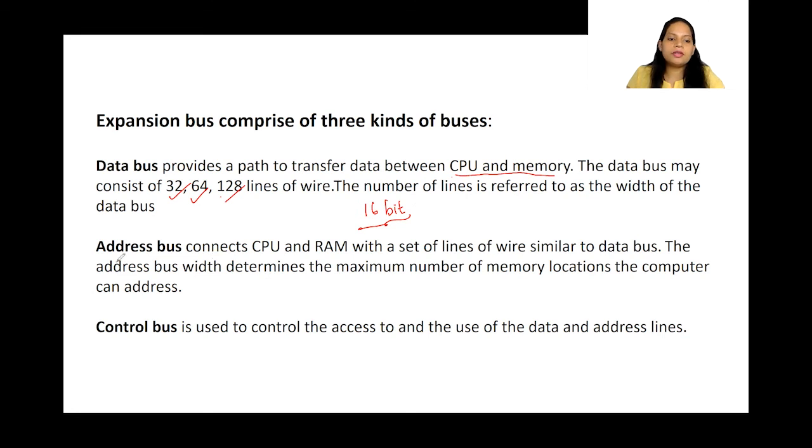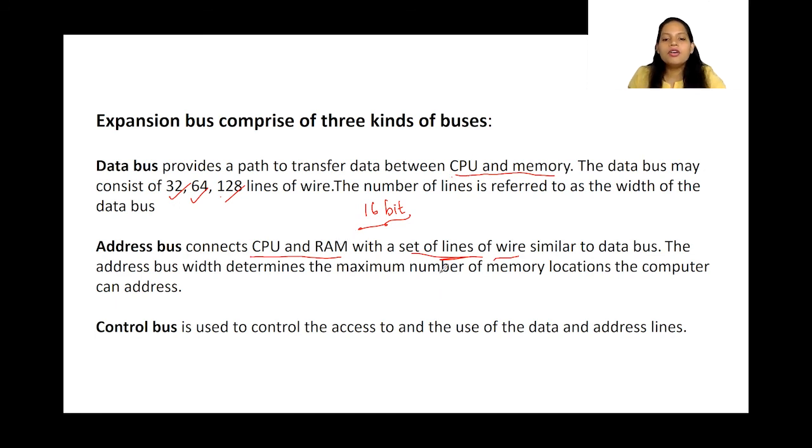Next one is the address bus. Address bus connects CPU and RAM with a set of lines of wire similar to the data bus. The address bus width determines the maximum number of memory locations the computer can address. So this is important.